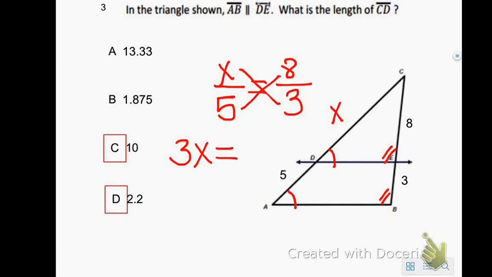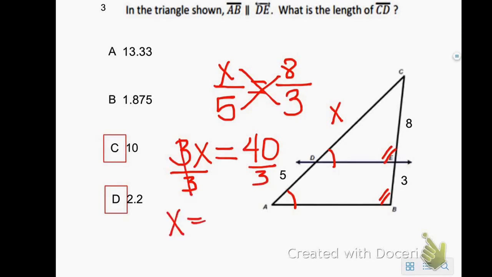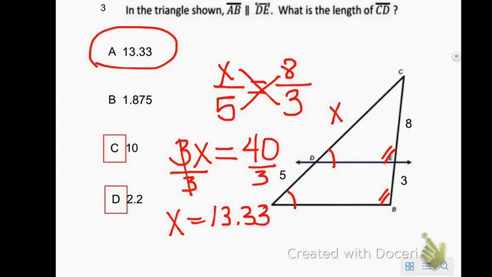I'm going to set those two cross products equal to each other. And then to solve for x, I have to divide both sides by 3 so I can eliminate the 3. The 3's eliminate, and that tells me x equals 13.33. So my answer here is A, 13.33. Remember, when you have similar triangles, the sides are proportional.